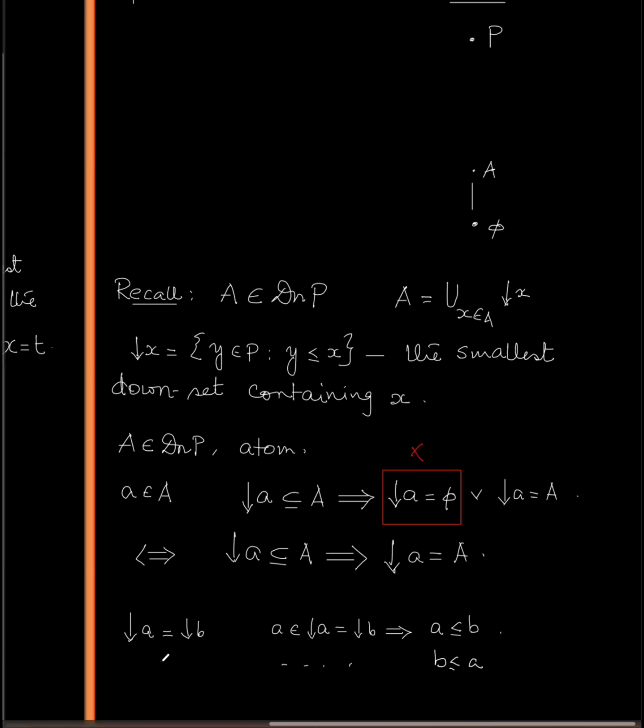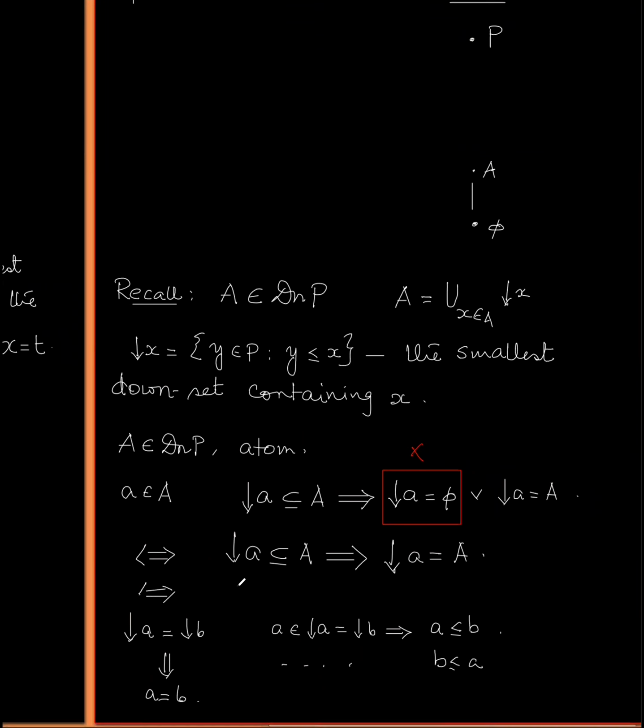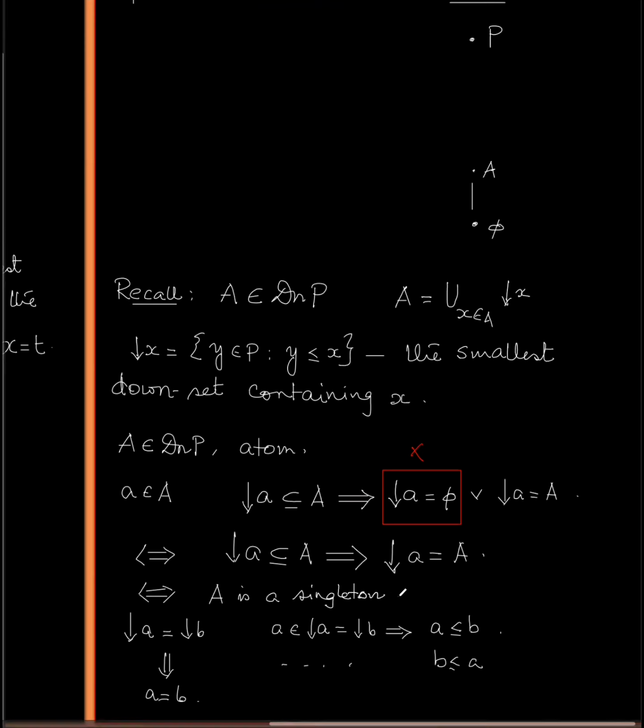So therefore, a is equal to b. So therefore, A is a singleton, and it is the downset of 0. So I leave it. It's a trivial check, but you should do this check.